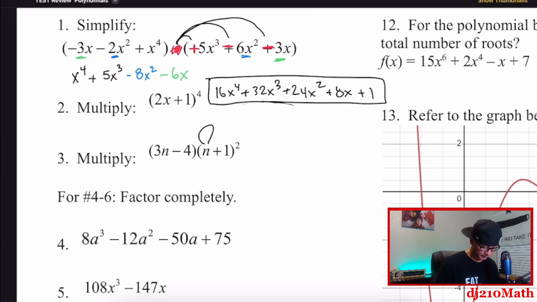It's my trick. So n times n, n squared, 1 times 1, 1, 2 times n times 1, so 2n. And this is going to be times 3n minus 4.